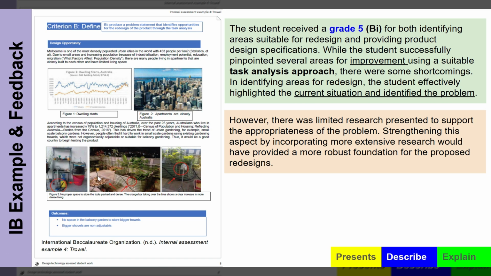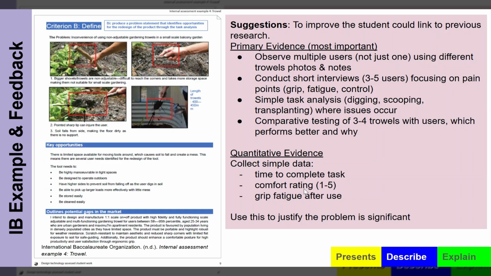So this should be in criterion A, ideally. Could have been in their A1 and maybe part of their A2. This bit here, that could basically be their A2. So suggestions were to improve, the student could link to previous research.